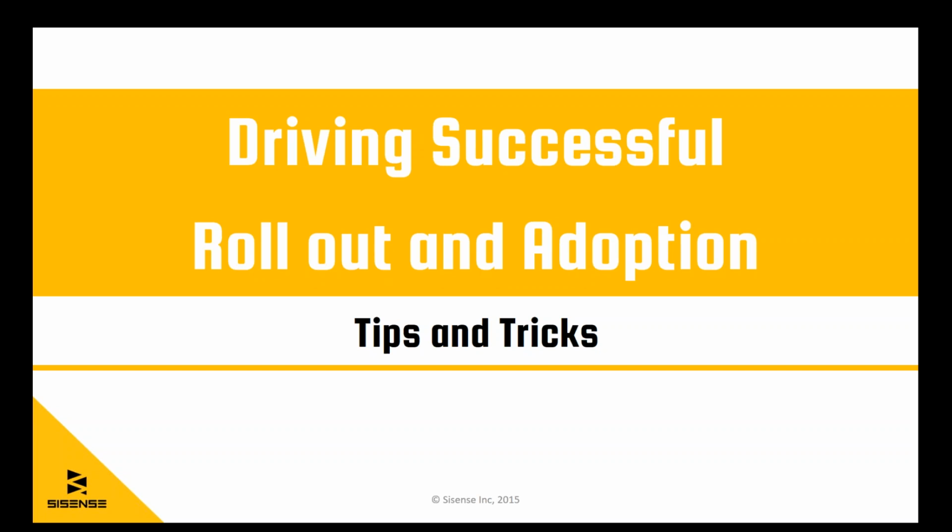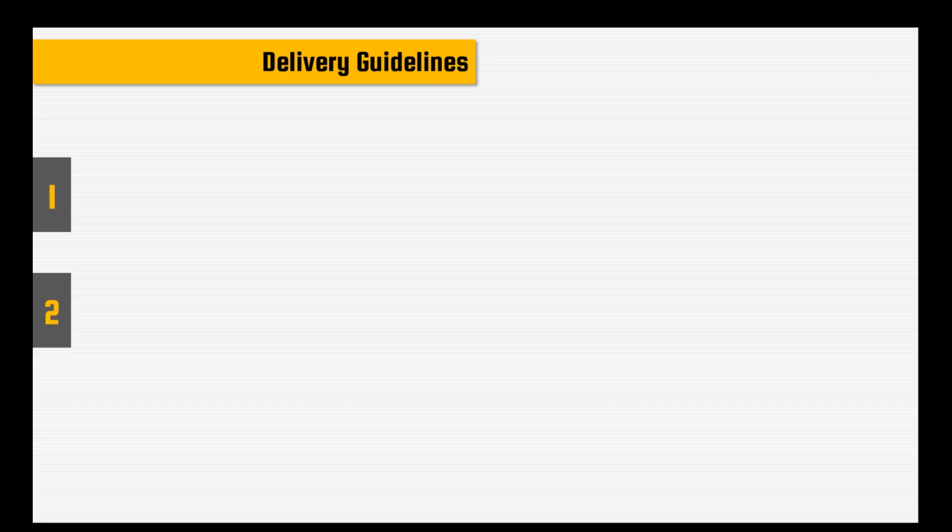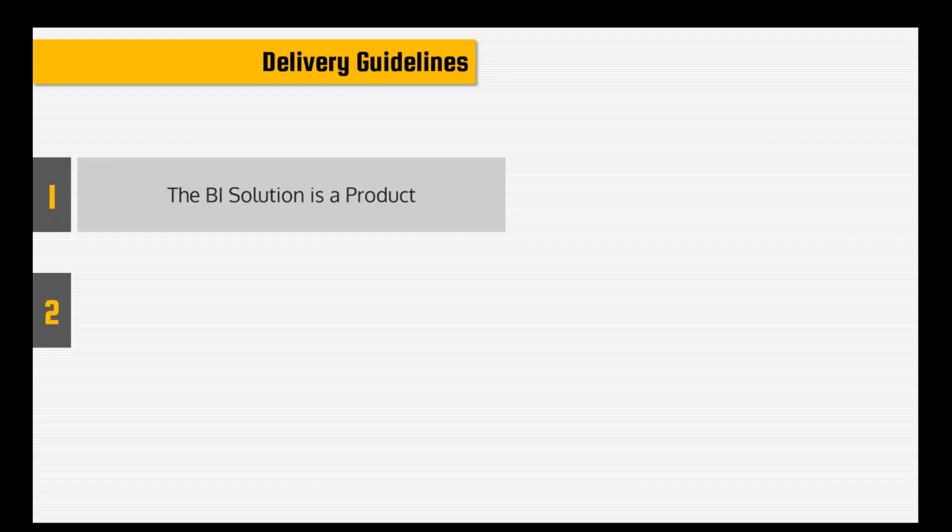The main concept of a BI solution to us includes two basic guidelines. The first one is that we treat our BI solution, all the dashboards that we produce, as a product. That means that we have a life cycle to manage.